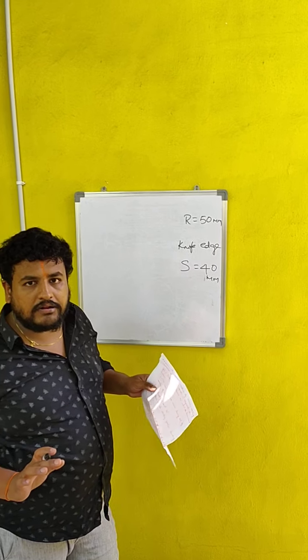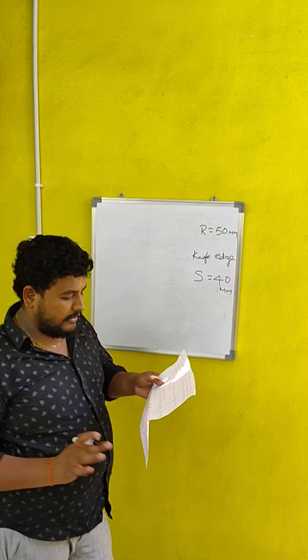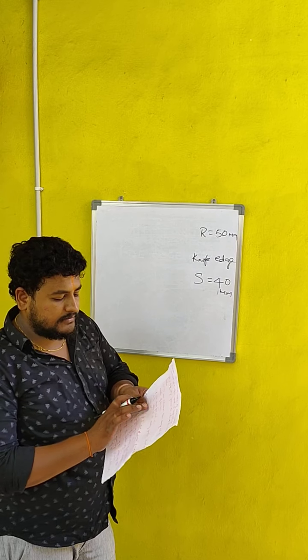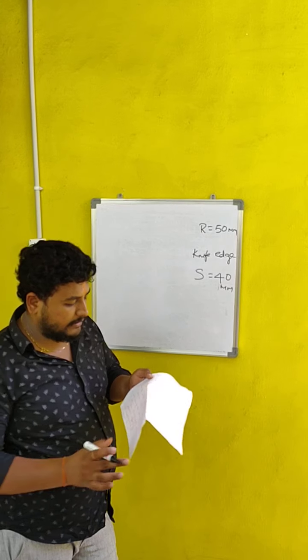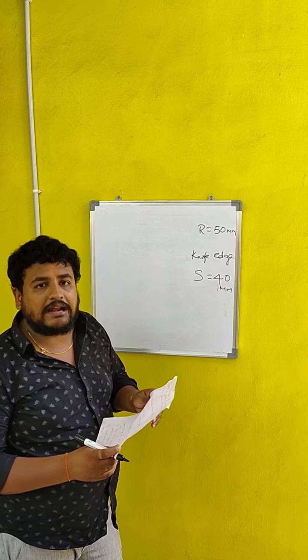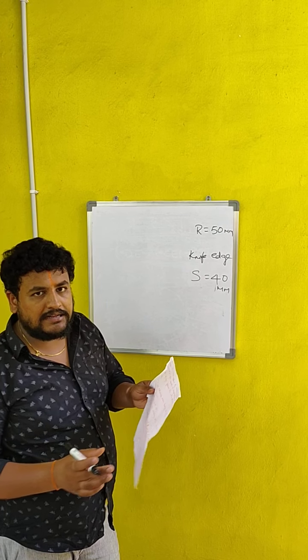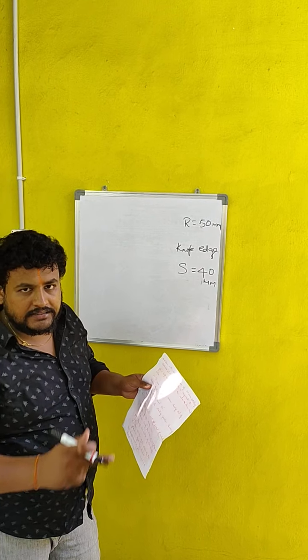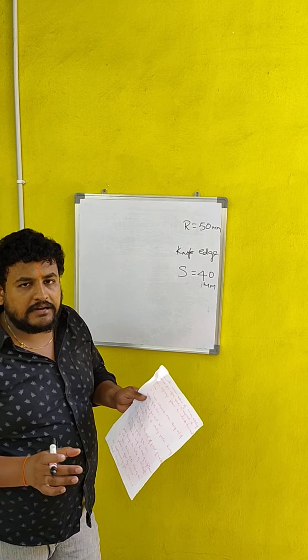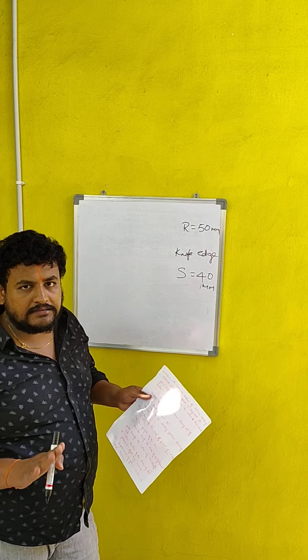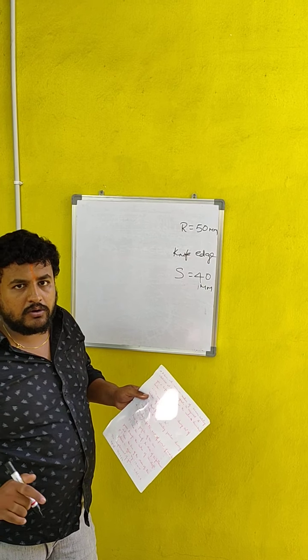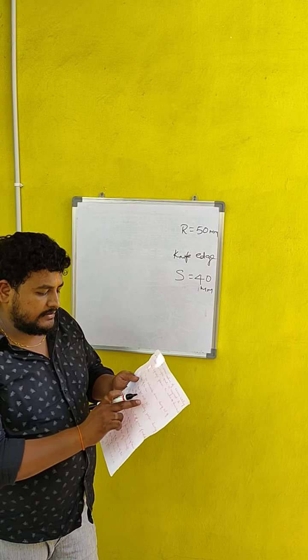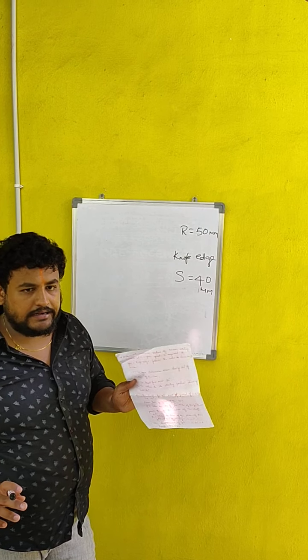Next, dwell is 80 degrees, return is 90 degrees, and the remaining dwell is once again 90 degrees. That means the total angle is 360 degrees. The entire 360 degrees of cam rotation is described in four categories: rise, dwell, return, and dwell again: 100, 80, 90 and 90 degrees.